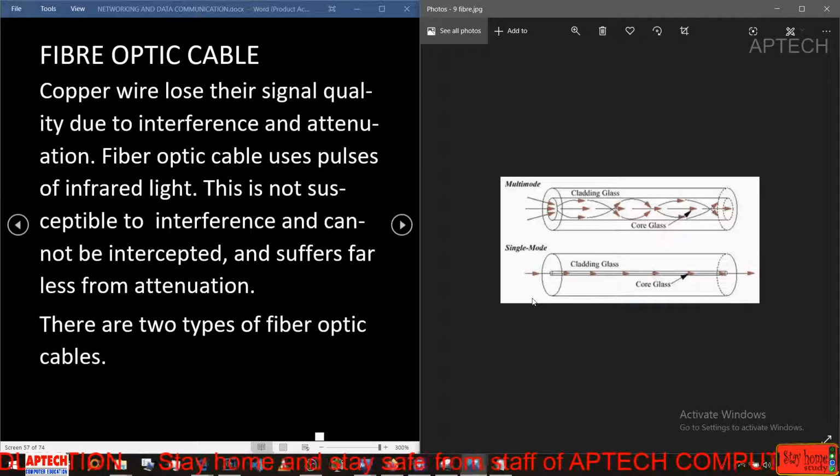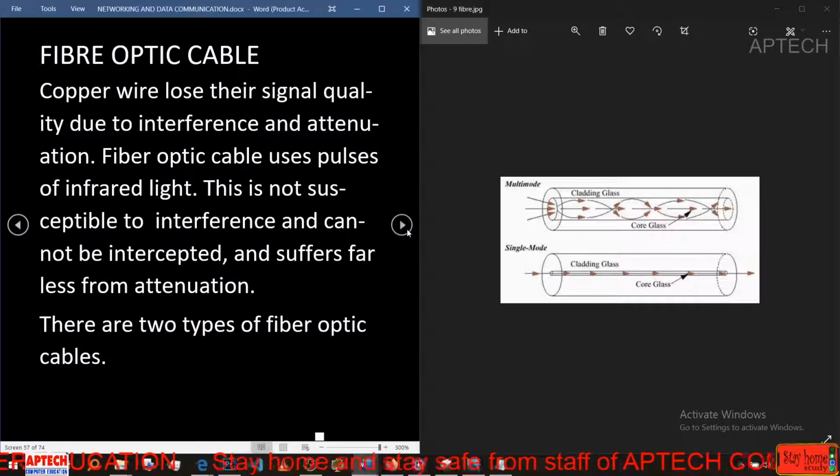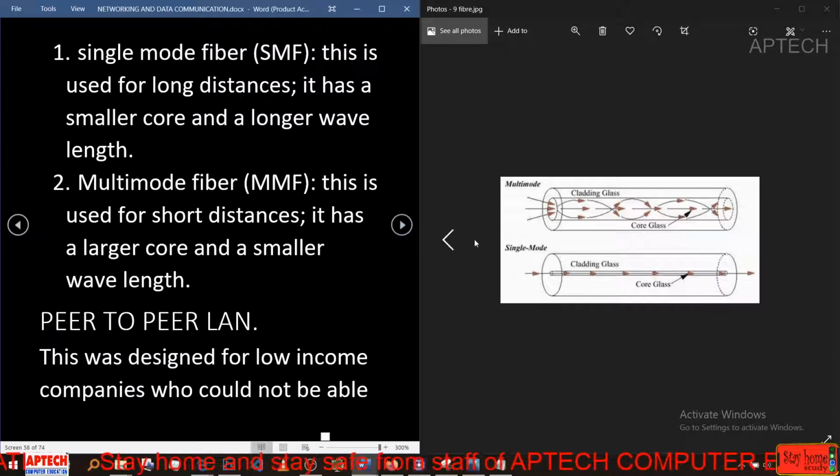There are two types of fiber optic cables: the multi-mode and the single mode. The single mode, as you can see, is very tiny and it travels for long distances. That's one advantage of the single mode. The multi-mode is very good for sharing information among different people, but it works for a short distance.